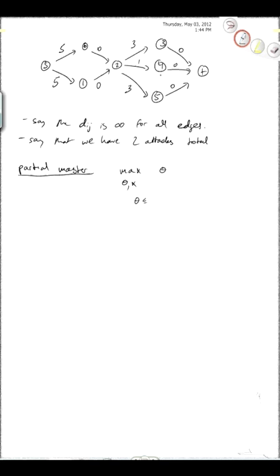The shortest path from S to T here is S to 1 to 2 to 4 to T. So let's write that down. That's the path that we're going to write the constraint from.